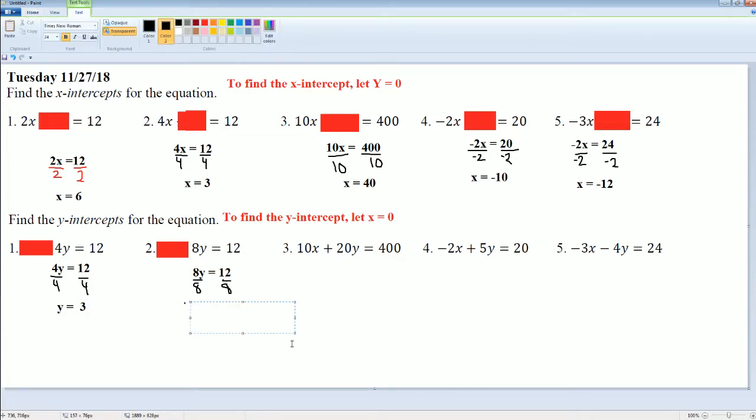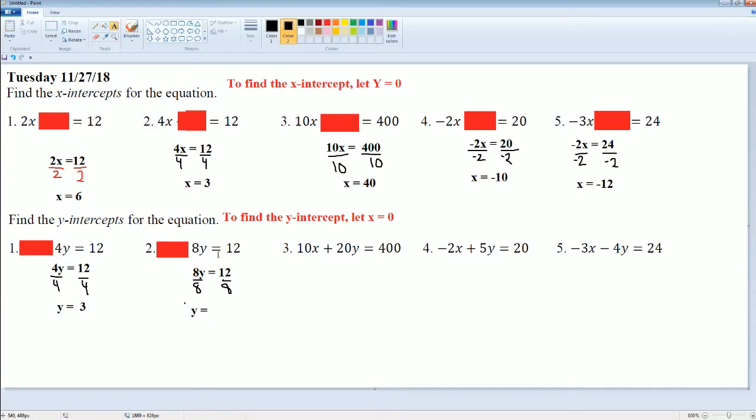You have y is equal to, what's 8 over 12? I think that could be simplified into fraction form, pulling out a 4. So I think it's 3 over 2. Okay, that's what y equals, 3 over 2.